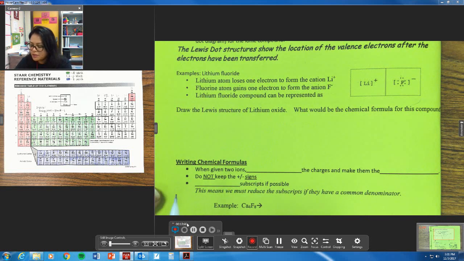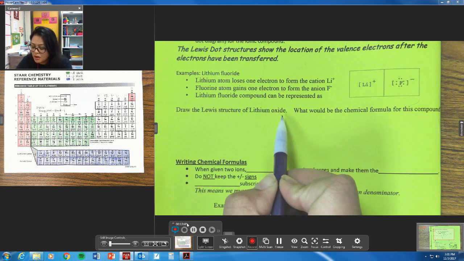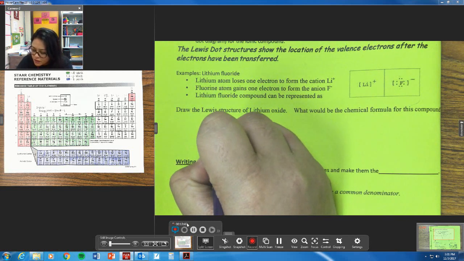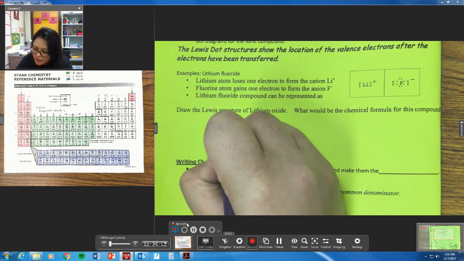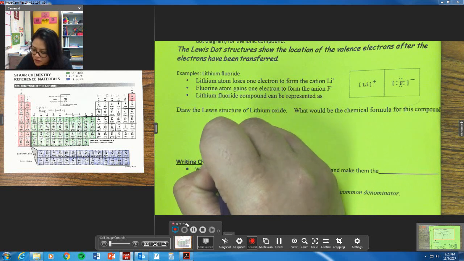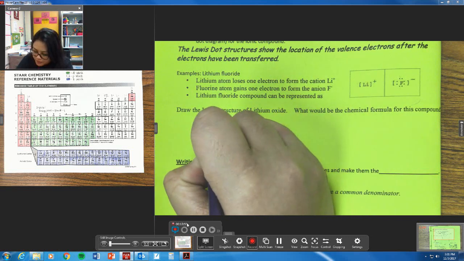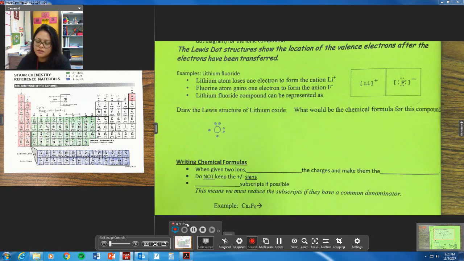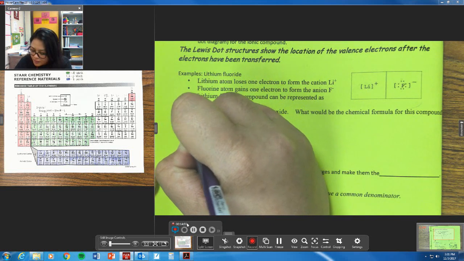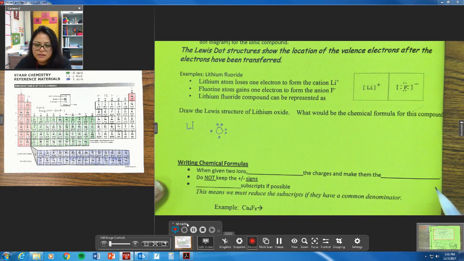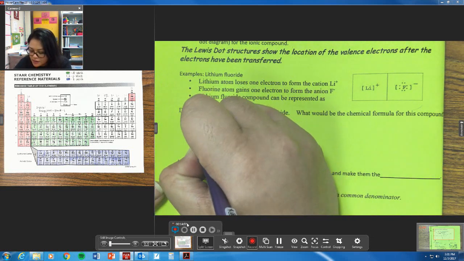Usually you want to draw your nonmetal first. So I have oxygen. You don't necessarily have to draw your nonmetal first; you'll see why in just a second. Lithium has how many valence electrons? It only has 1.